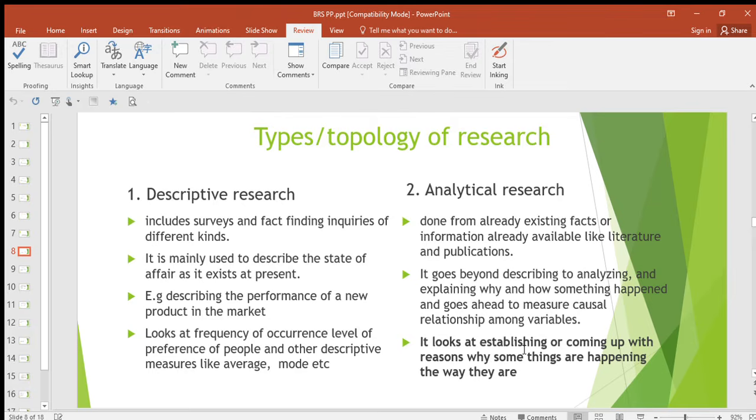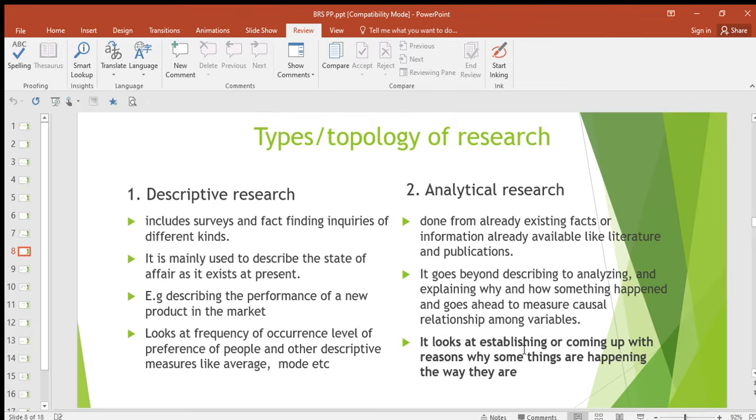Based on the information that already exists, you go through it, you analyze it so that you can come up with the answer to your question. So that is it.